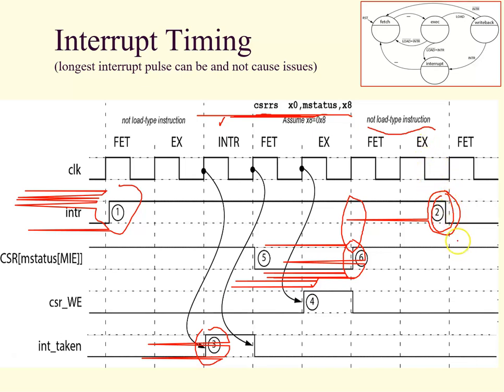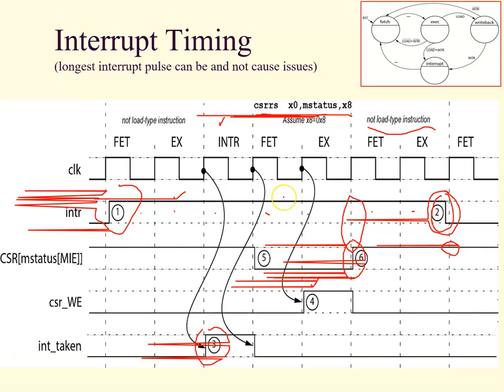If that interrupt was still there, it would go right back into another interrupt service routine, which would be nested interrupts, essentially, because the interrupts are enabled at that point. So I'm going to count these up: 1, 2, 3, 4, 5, 6, 7. It looks like 7 clock cycles. If it was 7 clock cycles, it could possibly break. But if the width of this pulse was 6 clock cycles, it would not break.